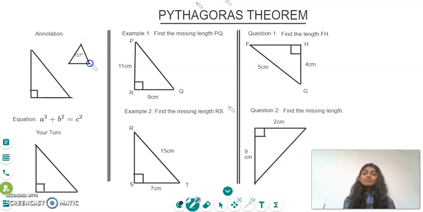This is just a random one I'm drawing, and I'm going to be drawing an angle. Now you can see this is a regular triangle with an angle, and this is a right angle triangle with its 90 degrees angle. Would you like to tell me what you see that is different between the two triangles?